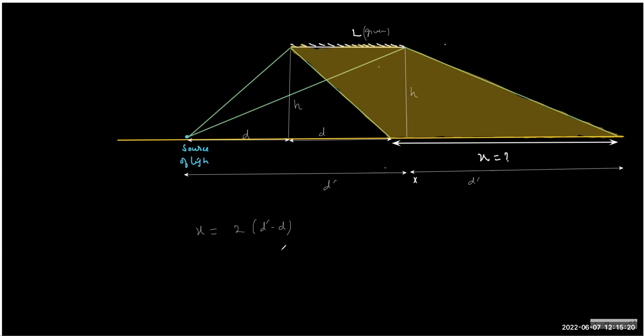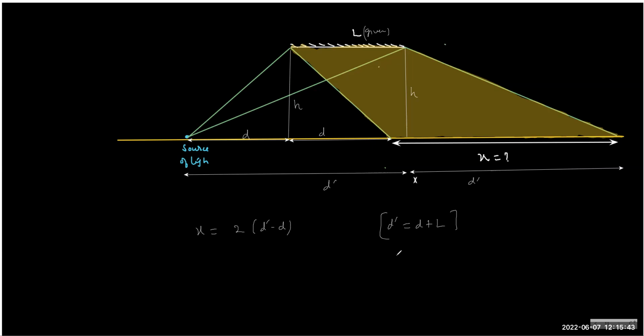Okay, this is confusing. If I do it this way, basically D dash is nothing but D plus L. Can you see that?